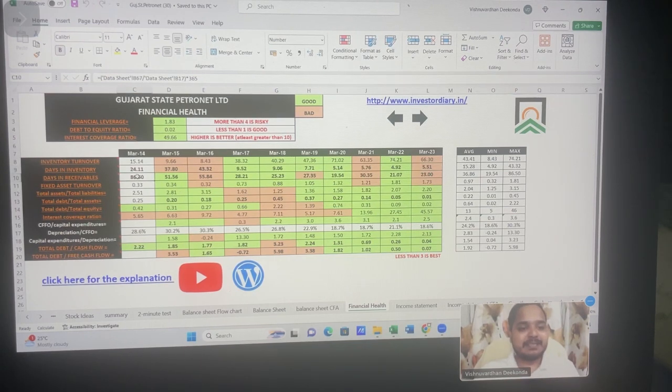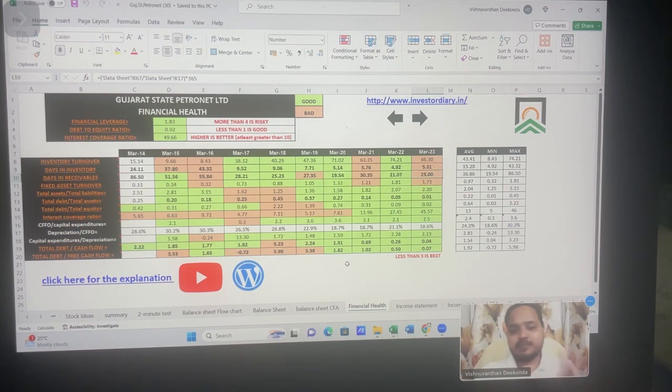Coming to receivable days, from 86 days. So initially the customer would pay in 86 days. But now you can see that reduced to 23 days. So receivable days improved, inventory turnover improved. So as you can see, this is what we call as the efficiency. So efficiency numbers are significantly improving.